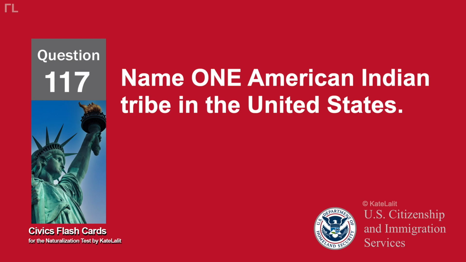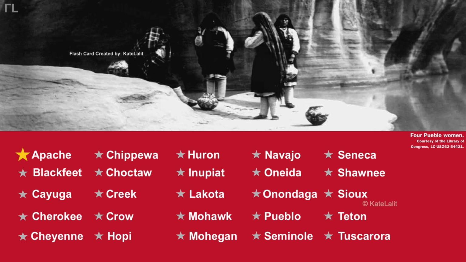Name one American Indian tribe in the United States. Apache. Blackfeet. Cayuga. Cherokee. Cheyenne. Chippewa. Choctaw. Creek. Crow. Hopi. Huron.